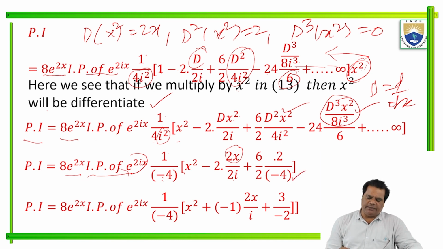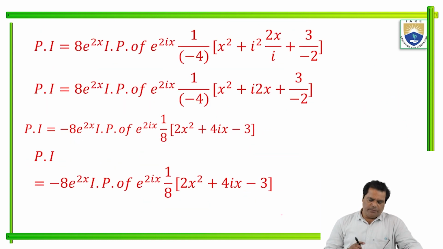This term is cancelled. So PI is e to the power 2ix upon minus 4 in bracket x square minus 1, 2 is cancelled, minus 2x upon i. Here this 2 and this 2 cancel, 2 times 3 is 6 and 2 times 2 is 4. So minus 3 by 2.